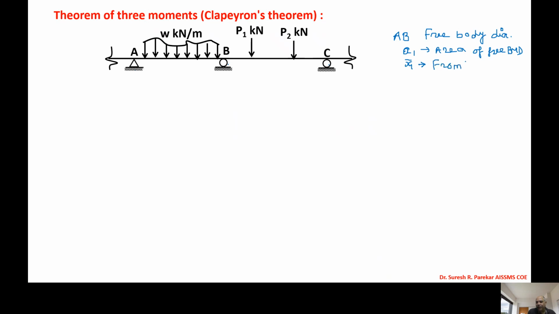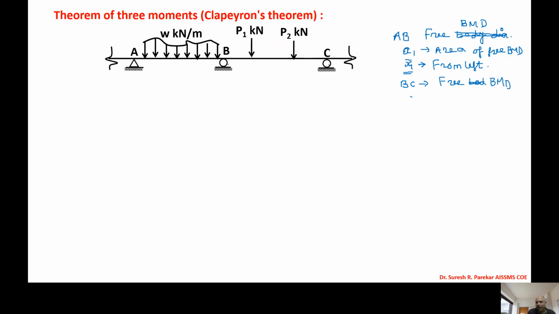If I have a left span, then the centroid of that area should be calculated from the left. And now we have the second span BC. Again, we have to draw the free BMD for BC, free bending moment diagram.